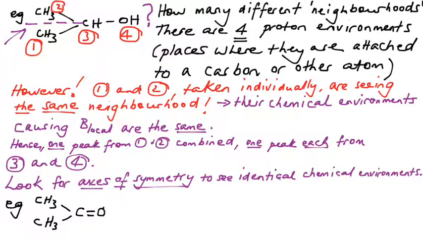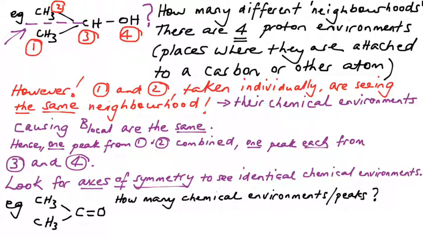Now here's another one for you. This one here looks like a ketone. So I'm asking you, how many different proton environments are there for that molecule? Have a look. Well, I'm saying there's only one, similarly to the case we've just considered, because those 2 methyl groups see the same rest of the molecule.